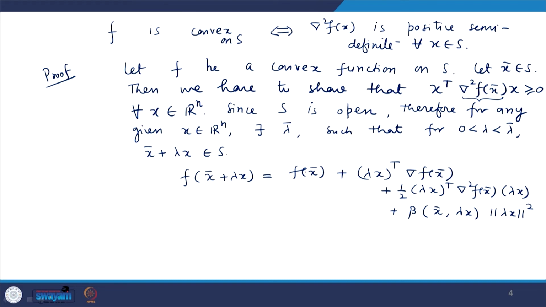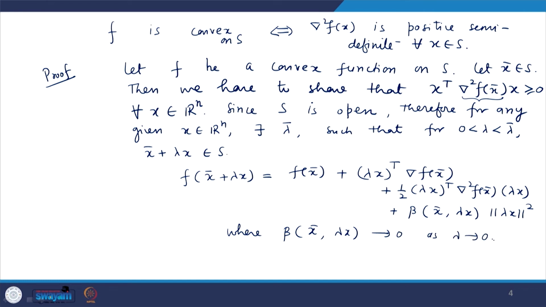If we are talking about differentiability of f at x 2, that means f x 1 equals f x 2 plus x 1 minus x 2, which is lambda x here, times gradient of f x bar, plus half of x 1 minus x 2 transpose gradient square f x bar lambda x, plus beta of x 2 times norm of x 1 minus x 2 whole square, where beta of x bar, lambda x will tend to 0 as lambda tends to 0.